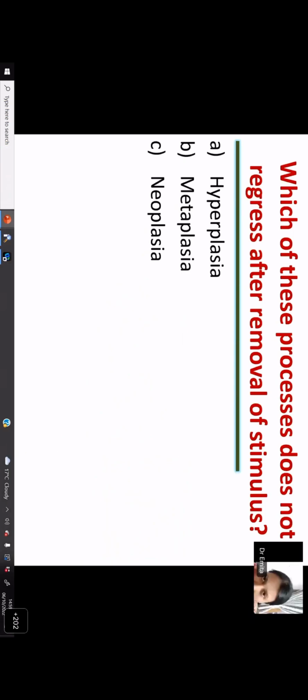Just checking whether you are awake. I'll read out the question for the students. Which of these processes does not regress after removal of stimulus? Option A, hyperplasia, option B, metaplasia, and option C, neoplasia.